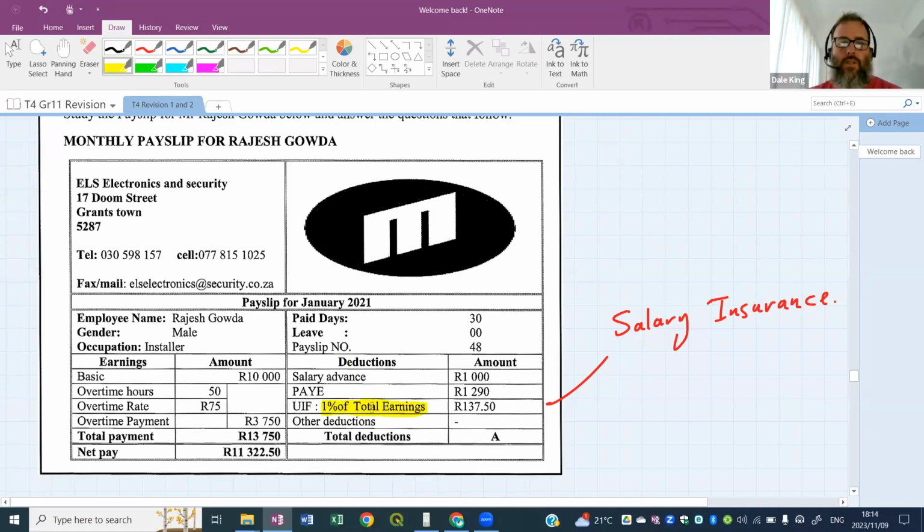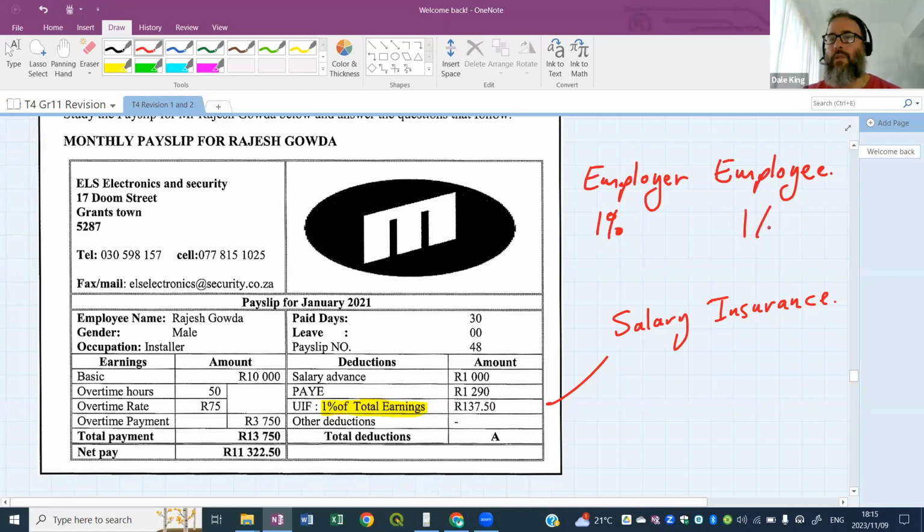So we see here on the salary slip that the employer has taken 1% of your salary and paid it for you. So there's two payments: the employer portion and the employee portion. The employer will pay 1% of your salary, and you have to pay 1% of your salary.